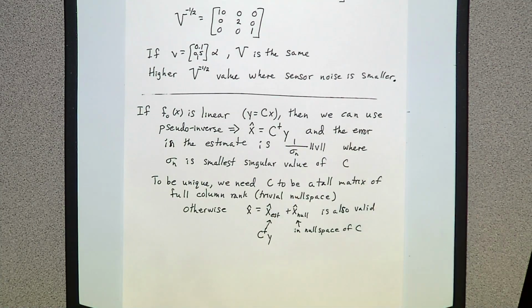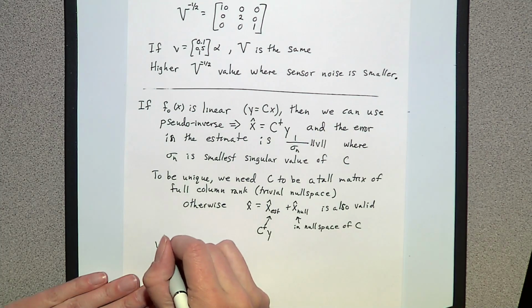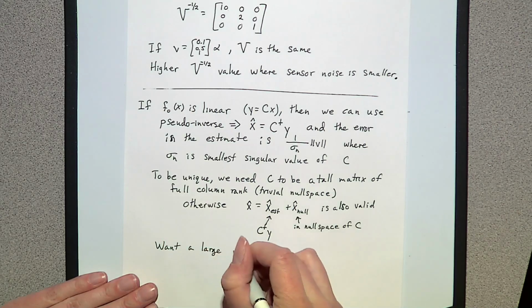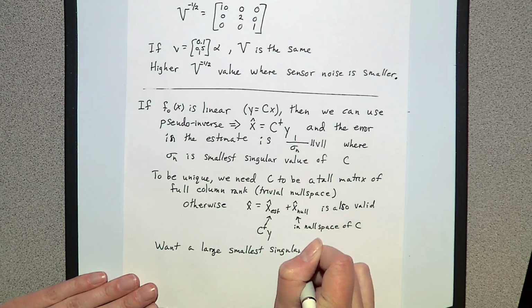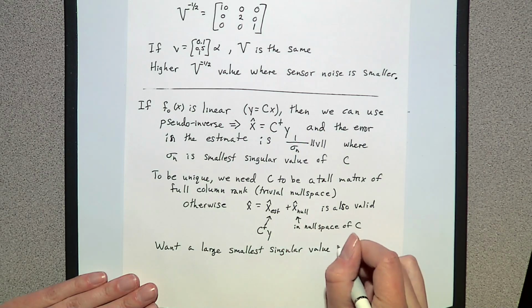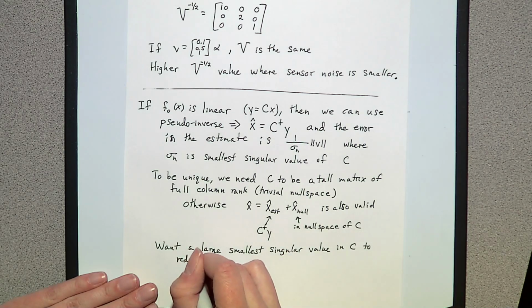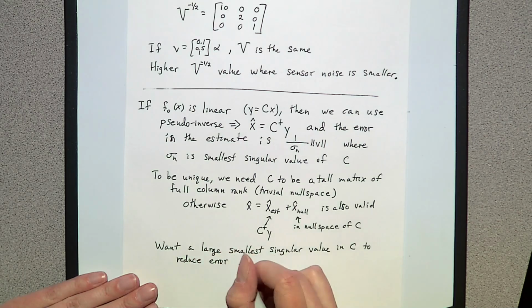So that's one of the conditions on C, and we also want a large smallest singular value in C, and that way we have less error in our estimate.